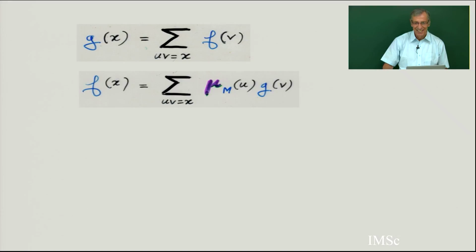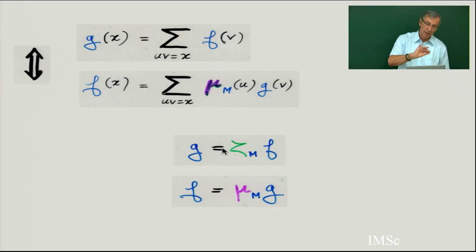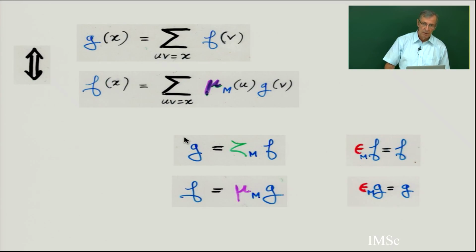So when you wrote Gx is the sum of Fv, you're now saying over all pairs UV such that UV equals x. Yeah. So which means I don't need the monoid to be cancelable. The product of zeta with mu, mu is the inverse of zeta, but in the monoid itself there is no need to have a cancellation.